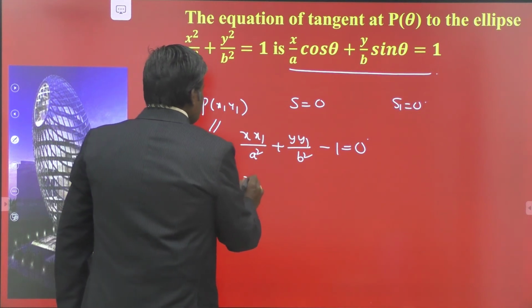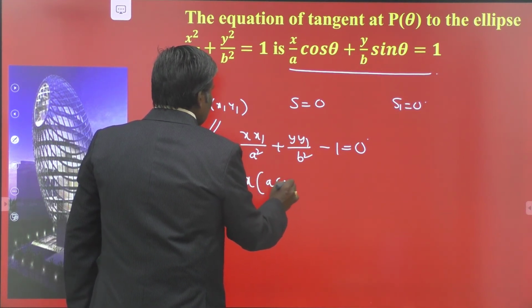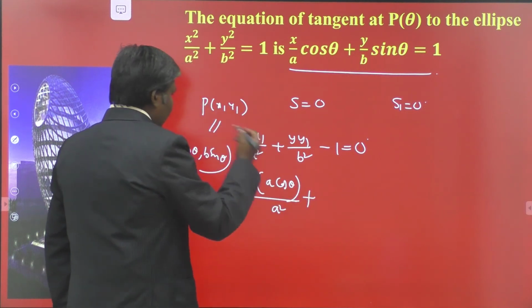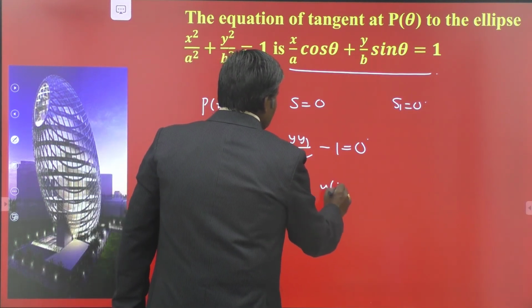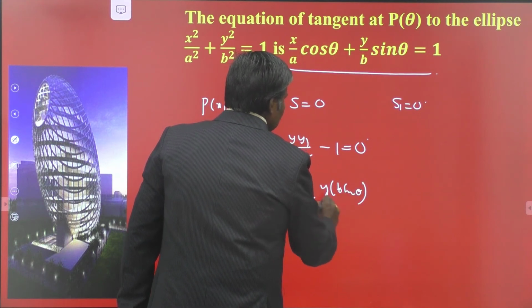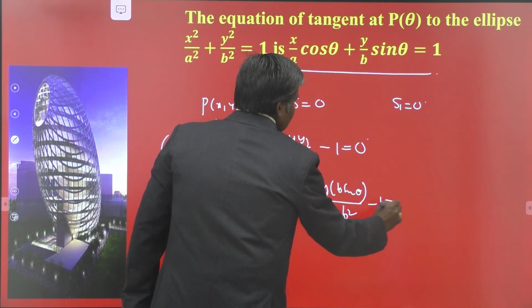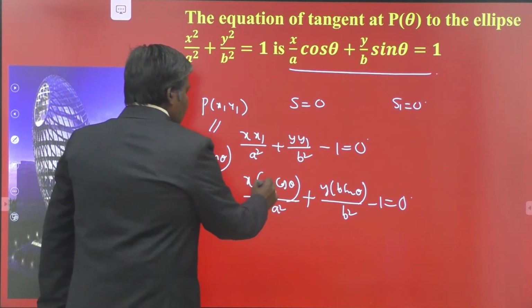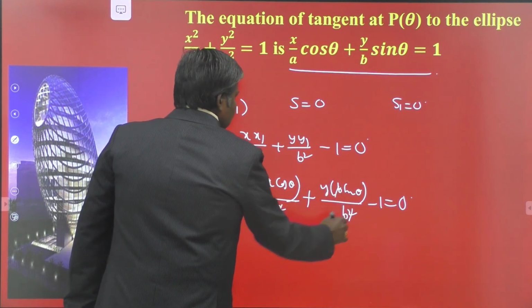That is x into a cos theta by a square plus y into b sin theta by b square minus 1 is equal to 0. So a gets cancelled and b gets cancelled.